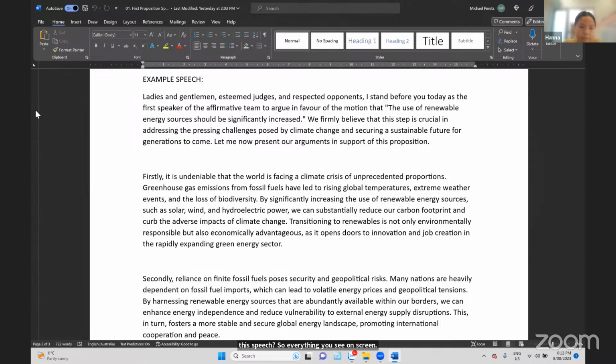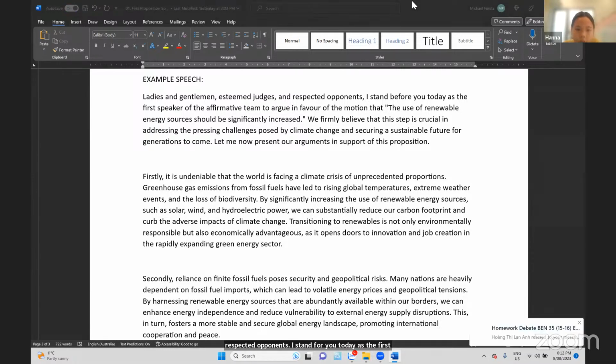Ladies and gentlemen, esteemed judges and respected opponents, I stand before you today as the first speaker of the affirmative team to argue in favor of the motion that the use of renewable energy sources should be significantly increased.